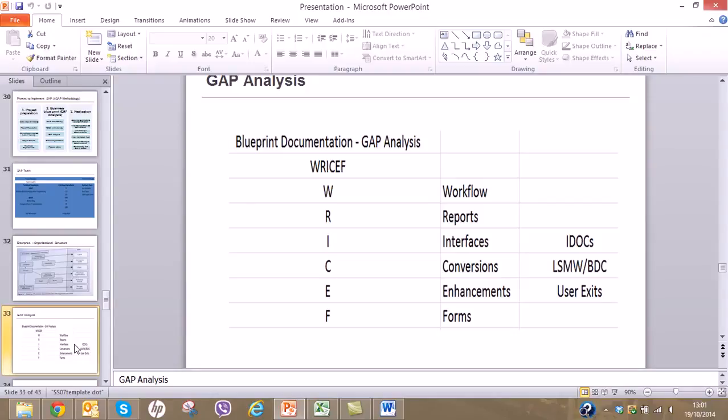As soon as you make the payment, automatically this information is electronically transferred to the vendor, and the same thing with the customers as well. So EDI is the interface, which is called electronic data interchange, and IDocs means intermediate document. The intermediate document is the one which is transferred to the vendor and customer with the information.